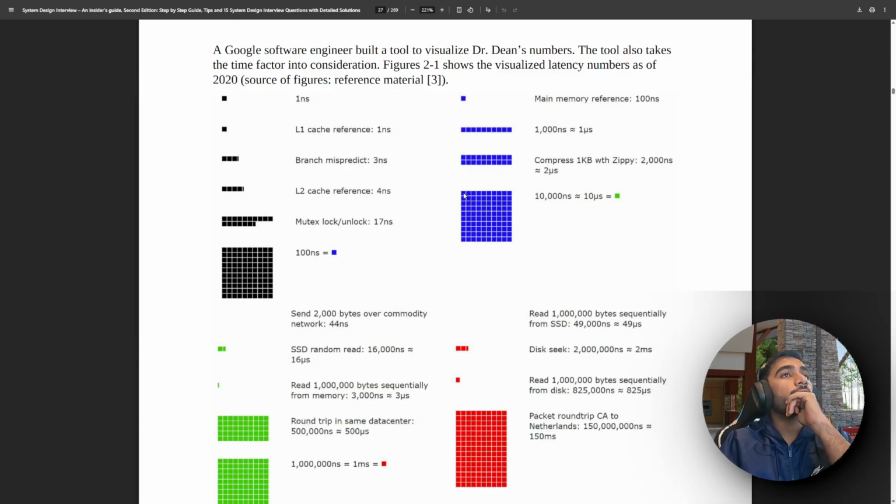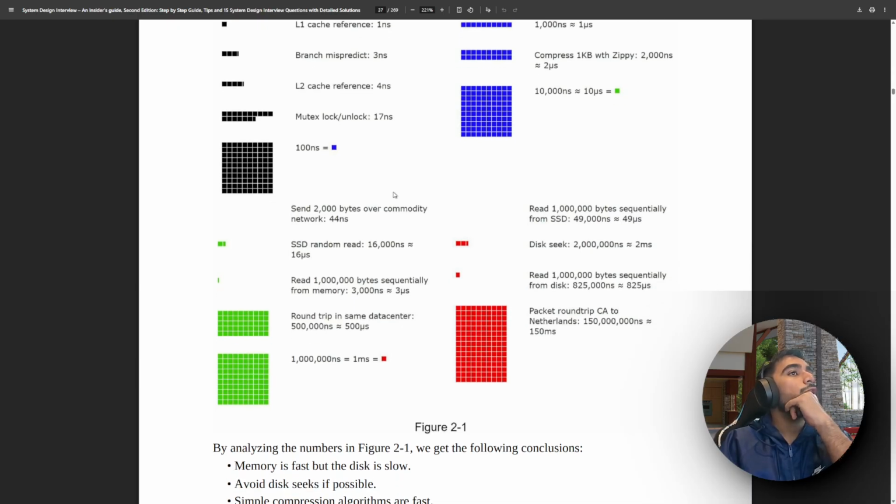One green dot would contain 10 of these, so imagine 10 of these would equal one row of blue blocks. So, sending 2000 bytes over a commodity network takes 44 nanoseconds. One green is 10 microseconds. Sending 2000 bytes over a commodity network, 44 nanoseconds.